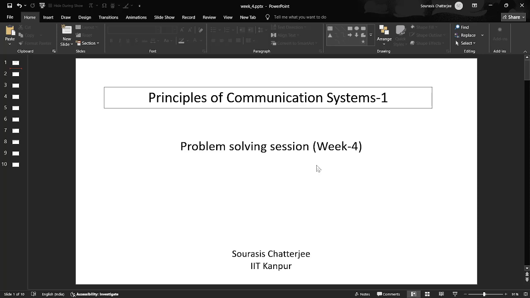That's where we moved into DSBSC, or double sideband suppressed carrier modulation scheme, where we refrain from transmitting the carrier so that the efficiency increases, because we are not spending energy on transmitting the carrier.